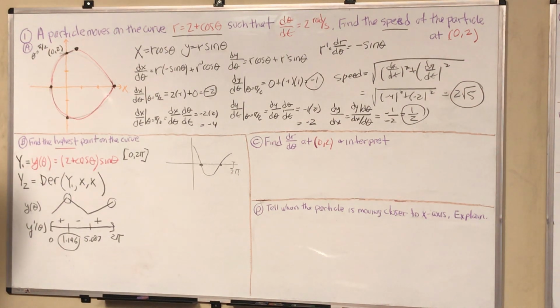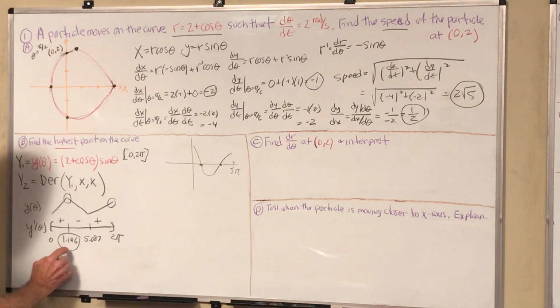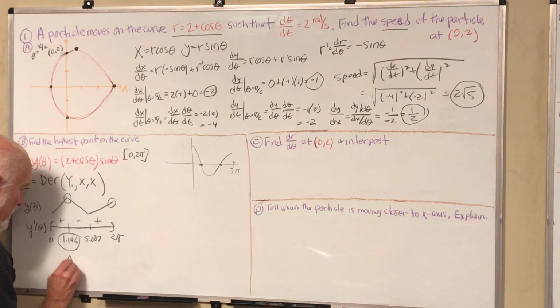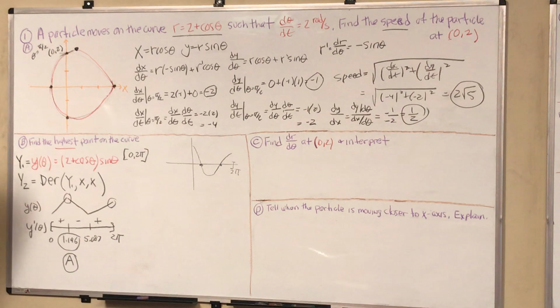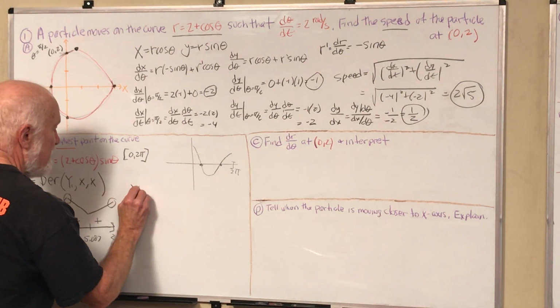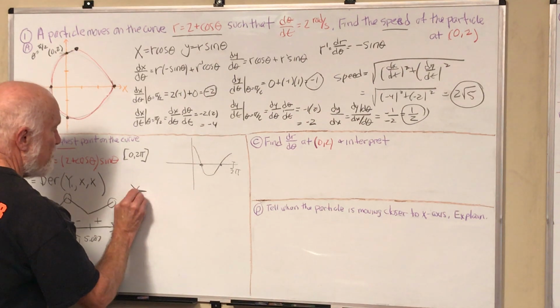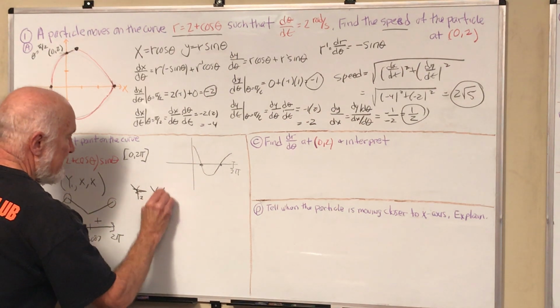And if you want to get how high that is, all we have to do is plug that back into here. So in your calculator, once you get that 0, you can store it, like in some letter A, and then you can just plug A back into y1.